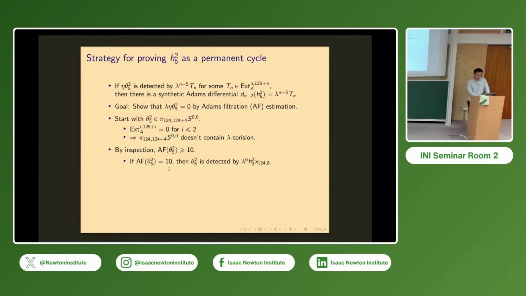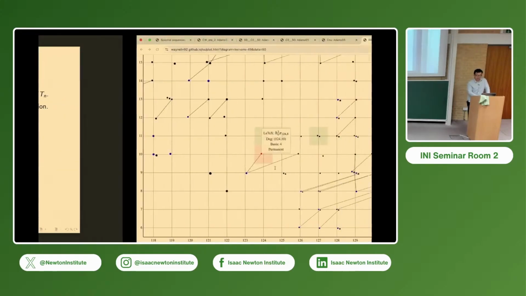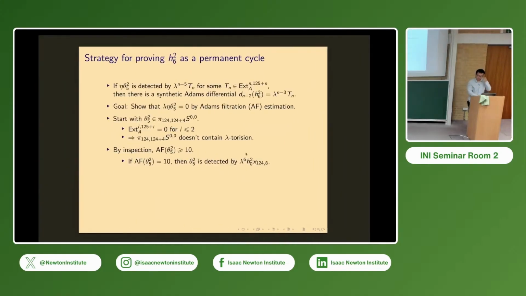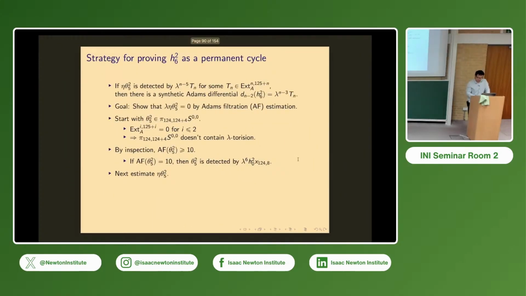And if it were to have filtration 10, then it's precisely detected by this element. By the way, when we didn't have this synthetic technique and put it into the computer program, in this filtration 124,10, we still had like 4 dots. So there were a lot of possibilities and some linear combination, but afterwards it's only down to 1 dot, so it's much easier to deal with.